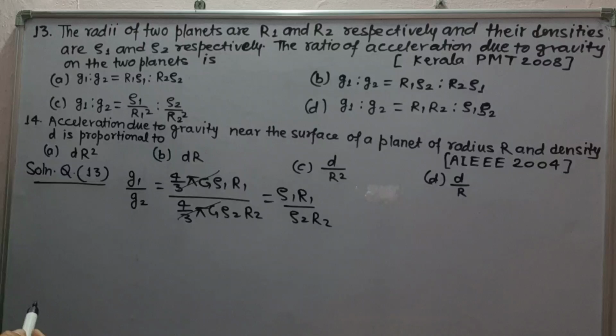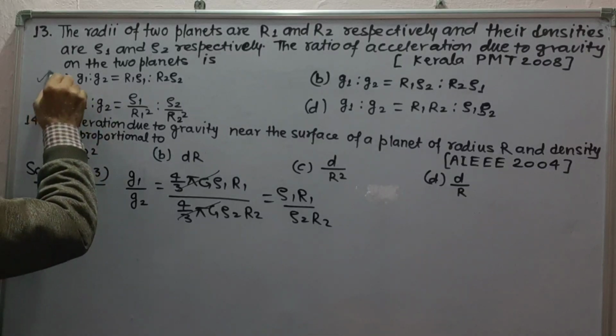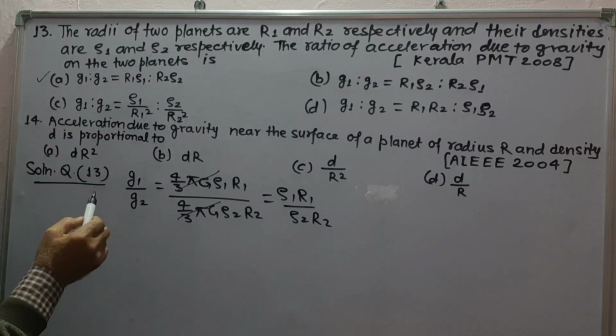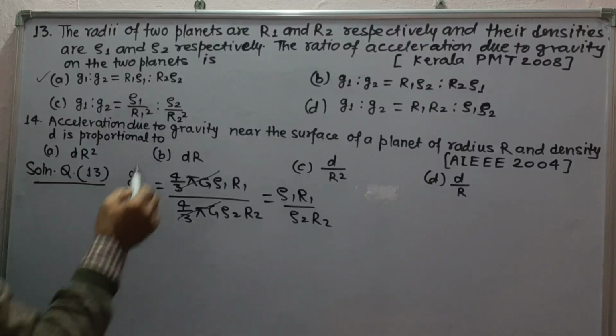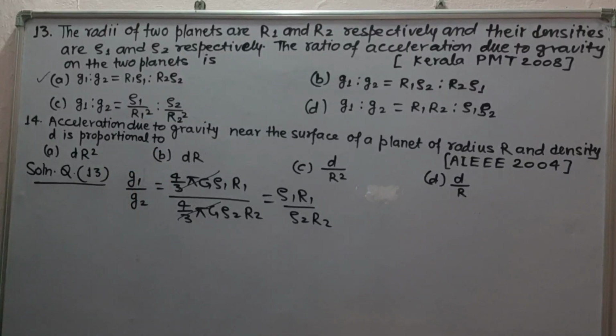So the correct option will be A, ρ1 r1 is to ρ2 r2.